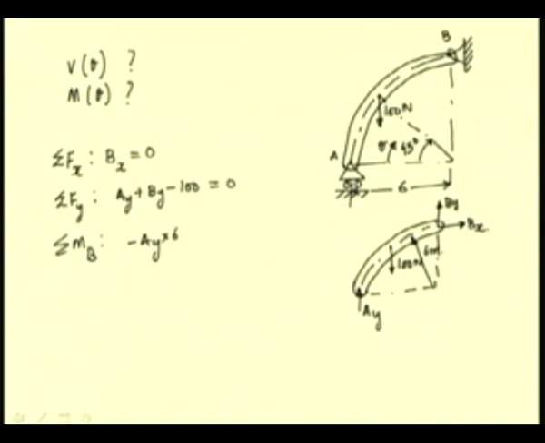The 100 newton force has a counterclockwise moment about B, so which is positive. So, we have plus 100 times the moment arm. This load is applied at a radial angle of 45 degrees, so we have the moment arm as 6 cos 45.